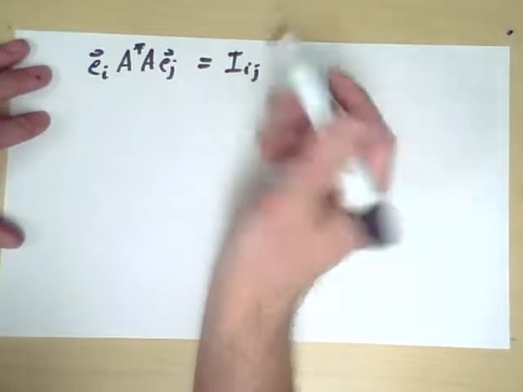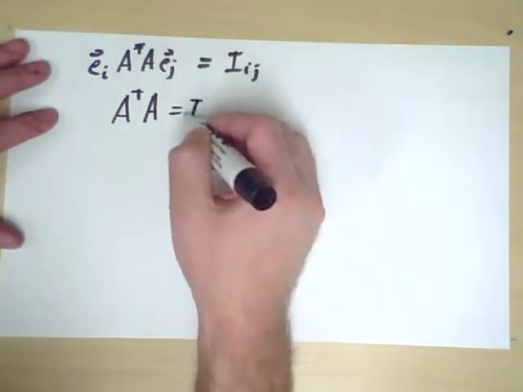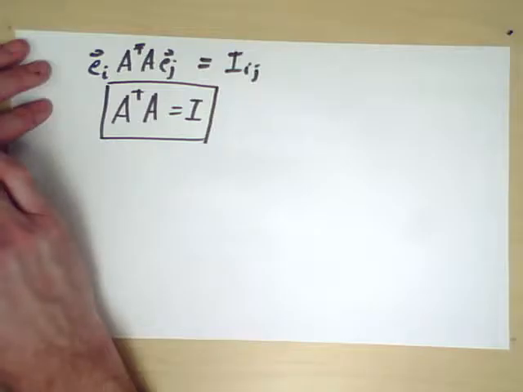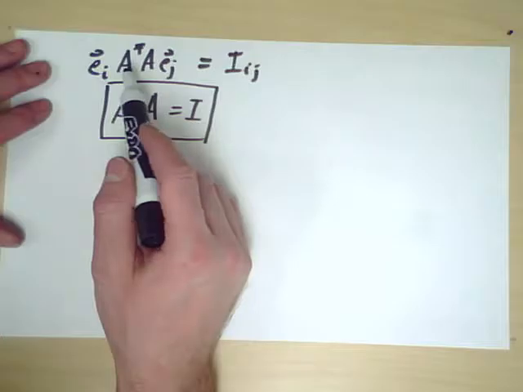If you pick that apart a bit, this is really saying that A transpose A is equal to I. To confirm that, think about expanding A transpose A using indices.